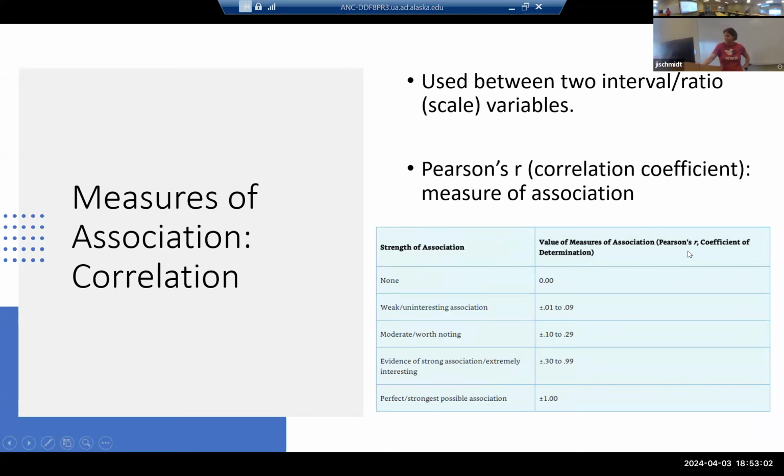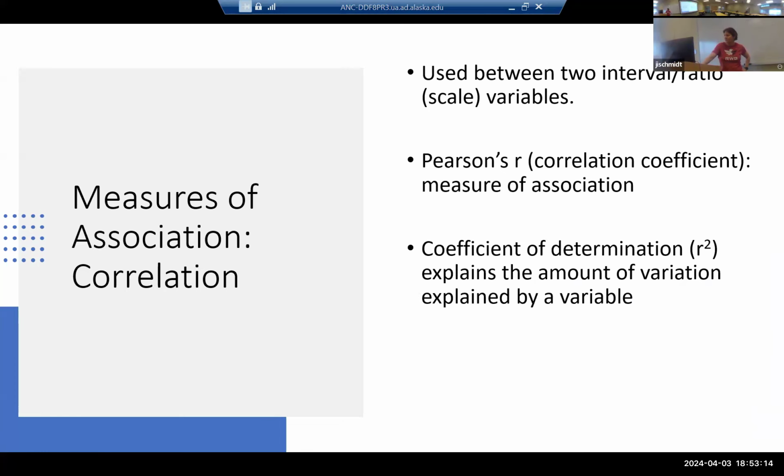Again, there's a table for the strengths of the association. When you look at your values, come back to the table, and this is how you would say they are strong, moderate, low. The Pearson's R, this correlation coefficient, tells you the measure of association. But if you square it, you get the coefficient of determination.